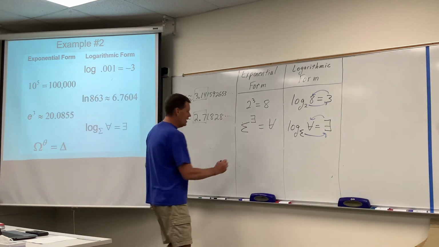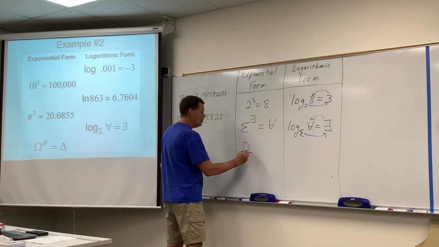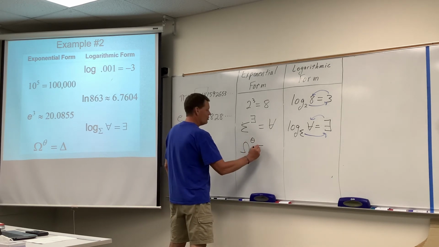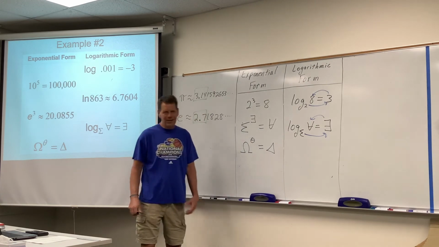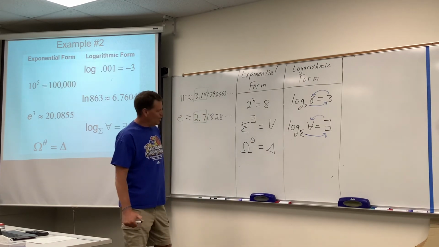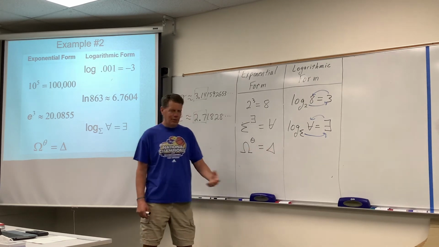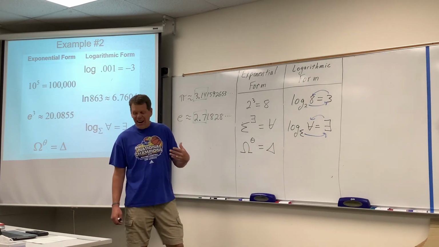And then if somebody said, horseshoe raised to the circle with a slash through it equals triangle, those are Greek letters, okay? We can talk about what they are if you want. That's omega, that's theta, and that's delta, whatever. Triangle, horseshoe, I don't care.